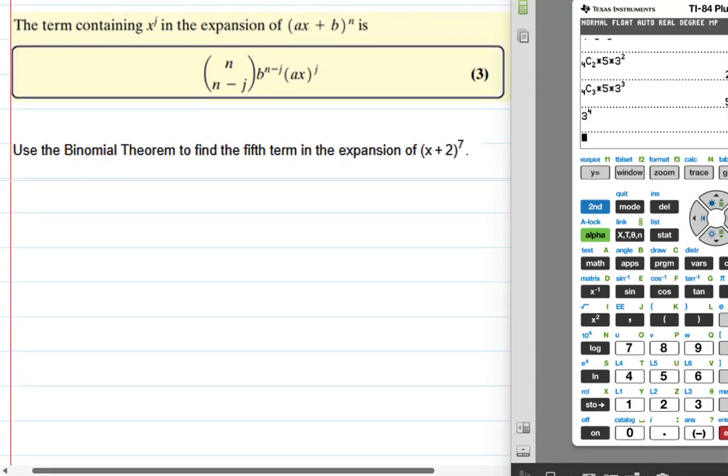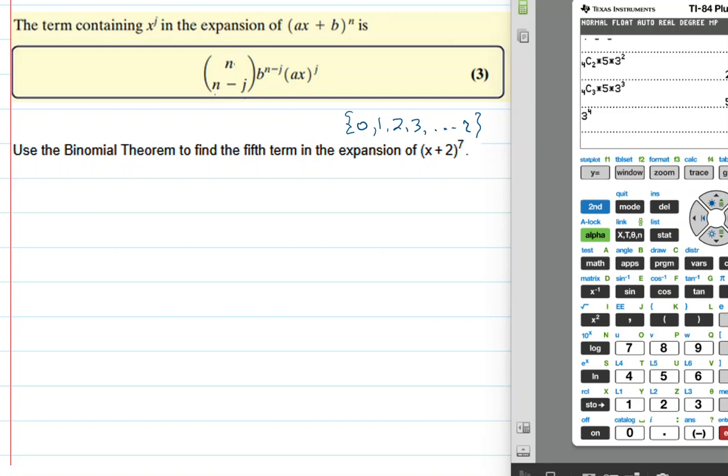Now, what if we want a specific term? So in using the binomial, they said n over n minus j, which is the term that we want. But we have to understand that we start with 0, right? So our set of terms, 0, 1, 2, 3, and this guy is all the way to 7, all right?